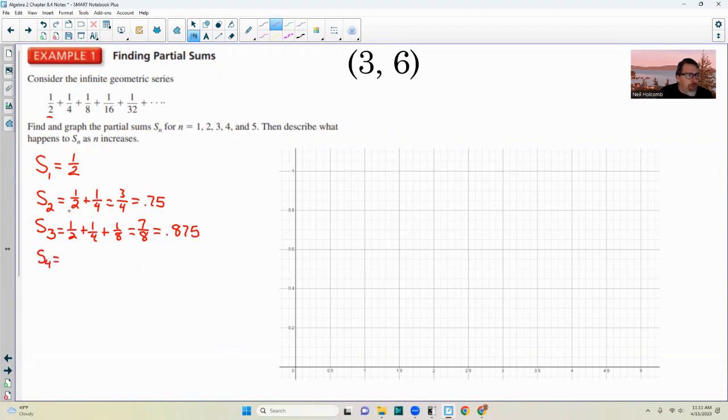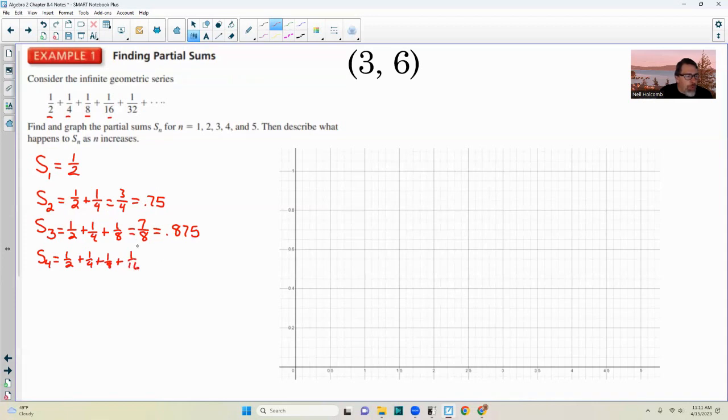What is S sub 4? It's the first term plus the second term plus the third term plus the fourth term. So really all you have to do is take the sum of the first three and add one more. That makes it easier. See these three terms here, 1/2 plus 1/4 plus 1/8, and then the last term is 1/16.